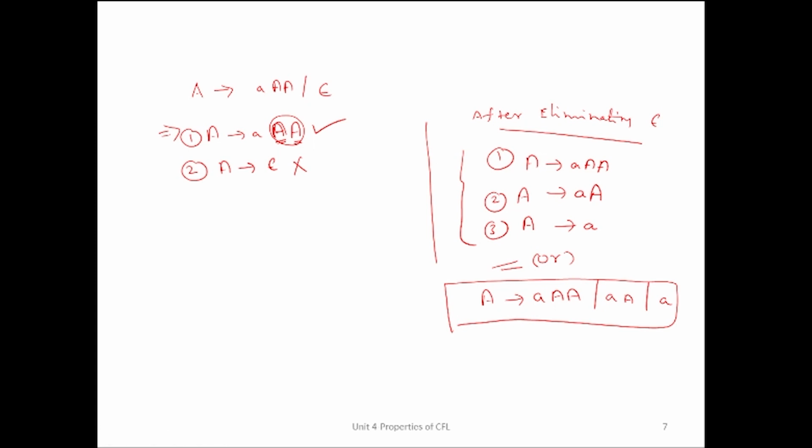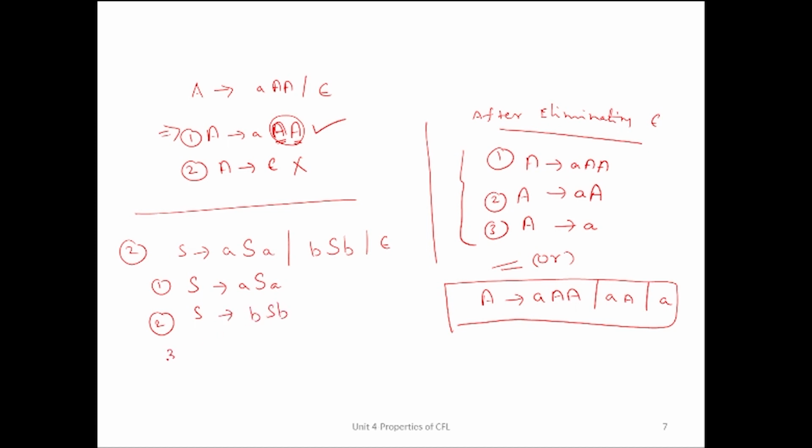Is it clear? Then I give the second example: S implies a S a | b S b | epsilon. I write it separately: S implies a S a, S implies b S b, and the third production is epsilon. The first two productions can be written as they are after eliminating epsilon.